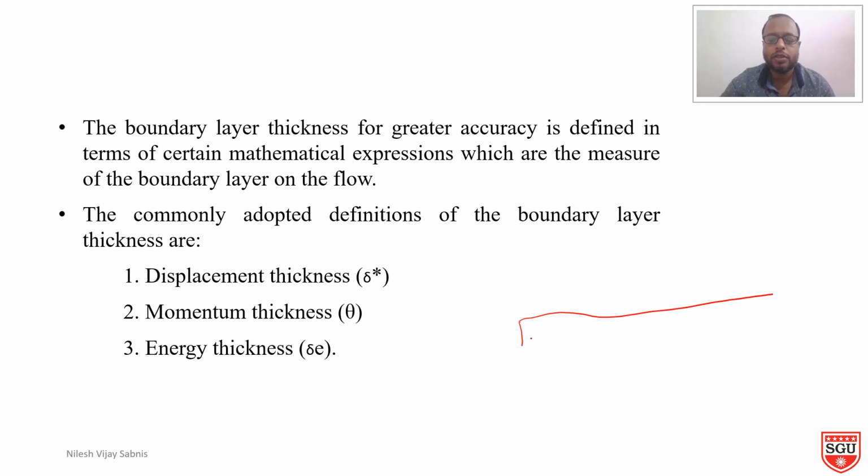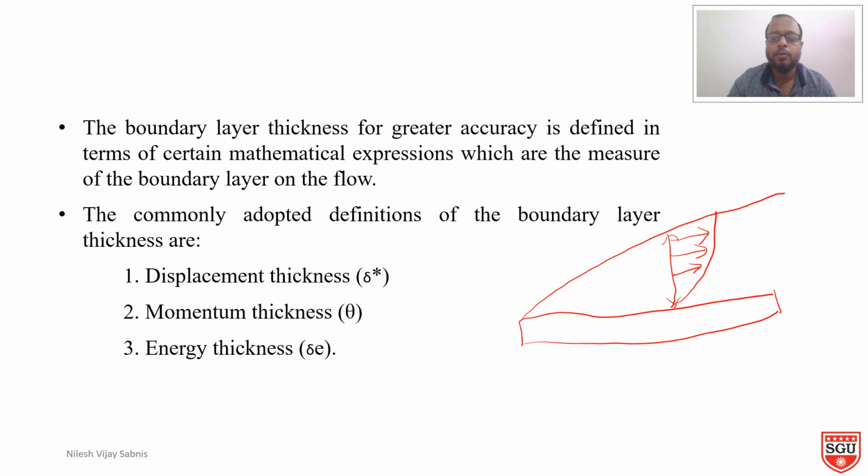Suppose this is a plate. Around that plate, let's say this is the boundary layer that is formed. Suppose at this section the velocity is gradually increasing. Then from this point to this point you will observe the velocity is different.